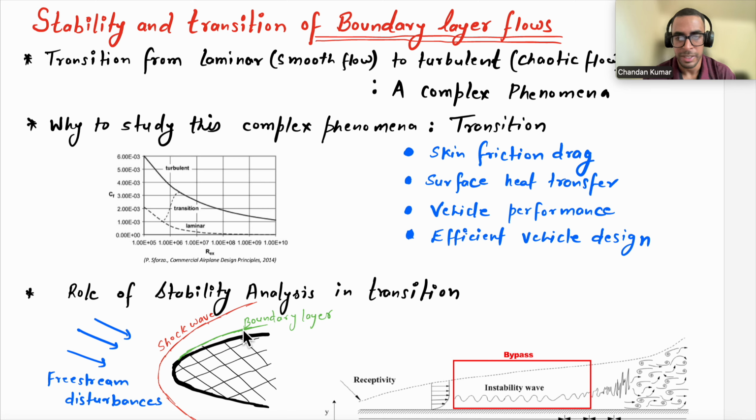So it becomes very crucial to understand how these disturbances behave in the flow, because that is going to decide when and where the flow is going to transition.